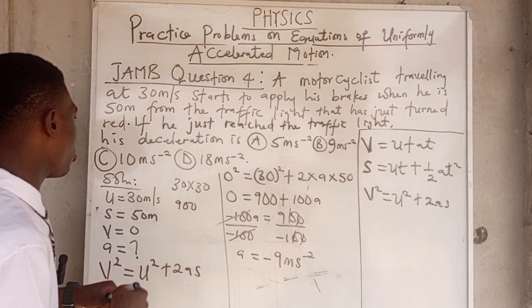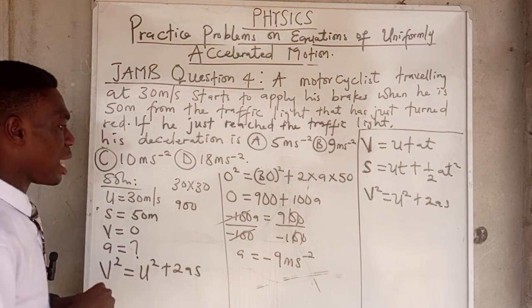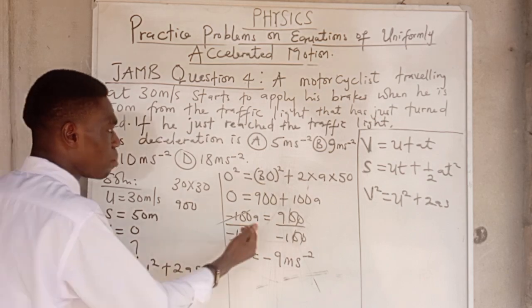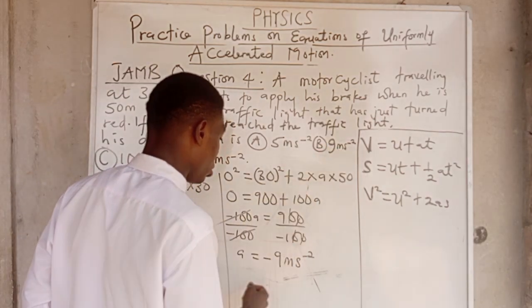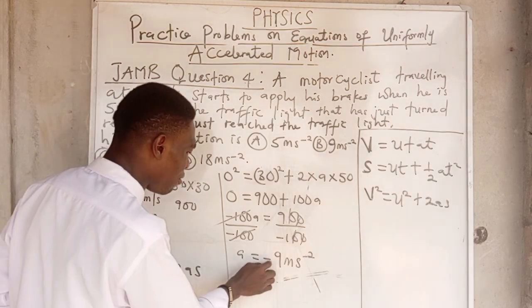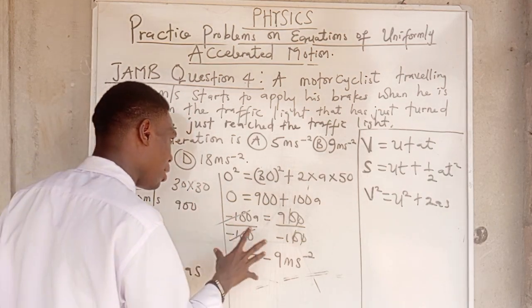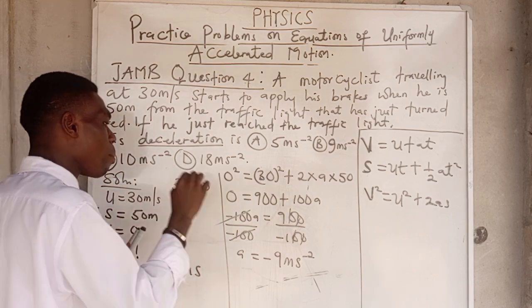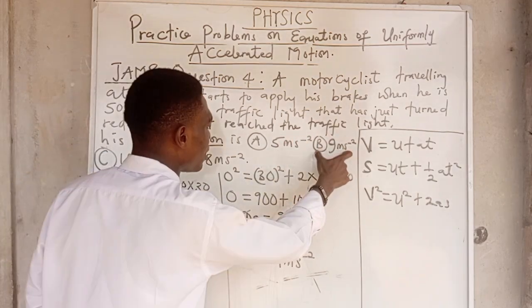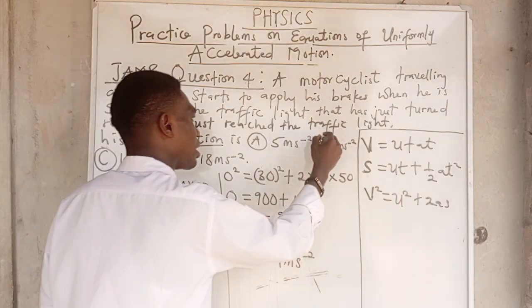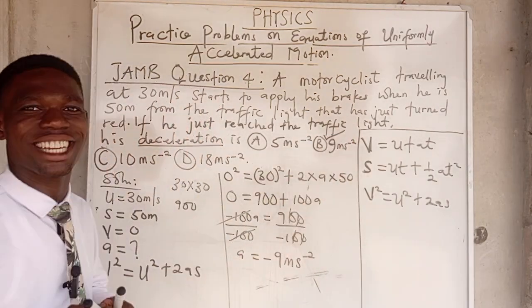We go to our options, and option B is 9 meters per second squared. You might wonder why they gave us positive, but the negative value tells us it is deceleration, and what we are asked to calculate is deceleration. So don't mind the sign, just pick the magnitude, and that's 9 meters per second squared. That is our answer.